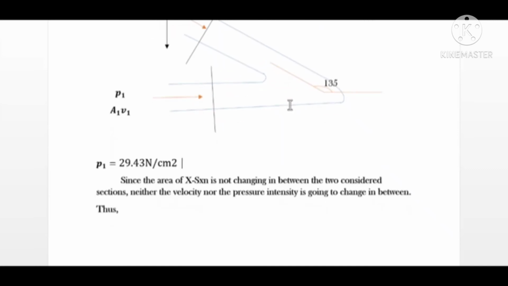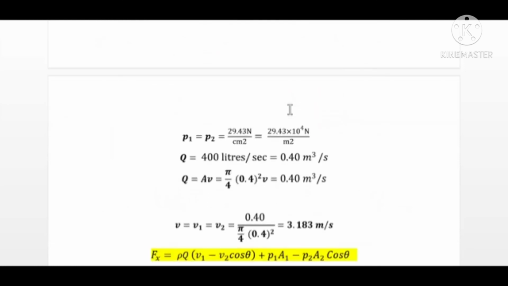So here we have P1 equal to P2, given as 29.43 Newton per centimeter square, and we have converted that into Newton per meter square by multiplying by 10 raised to power 4.